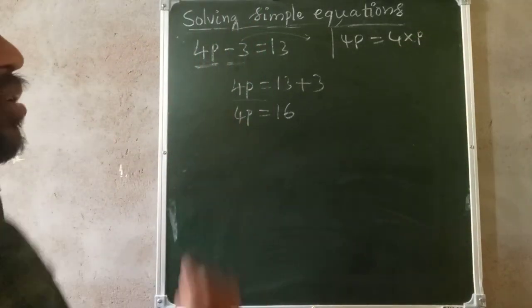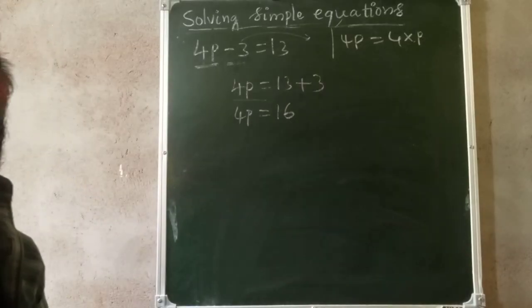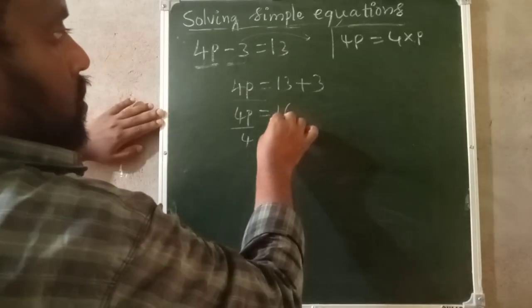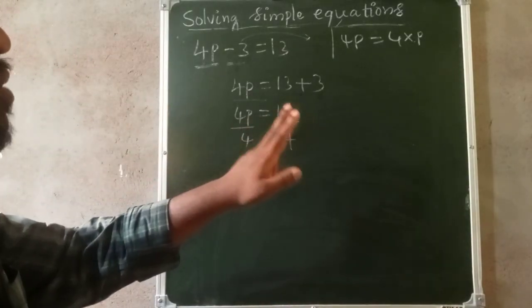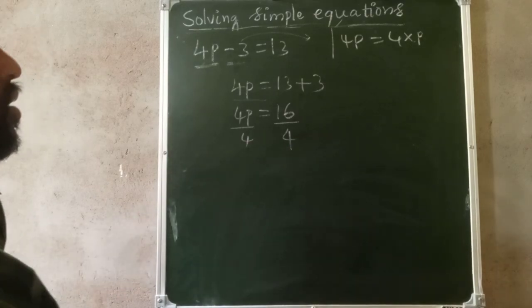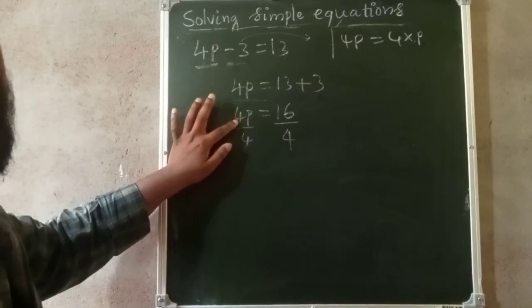So because of this multiplication, to remove 4, you have to divide both sides by 4. So this side by 4, and this 16 by 4. So both sides I have divided by 4. Why 4 only? Because we have to remove this 4.